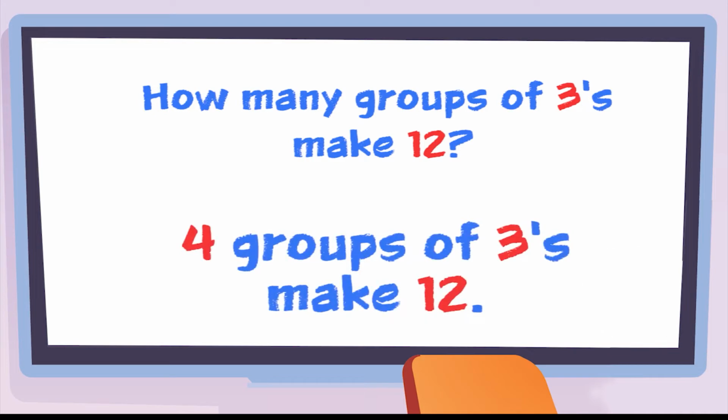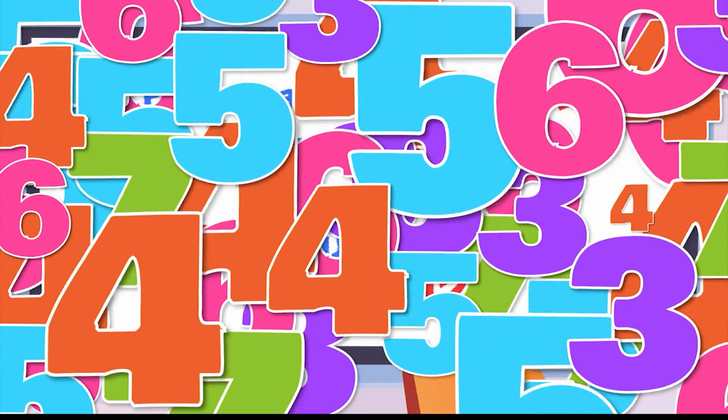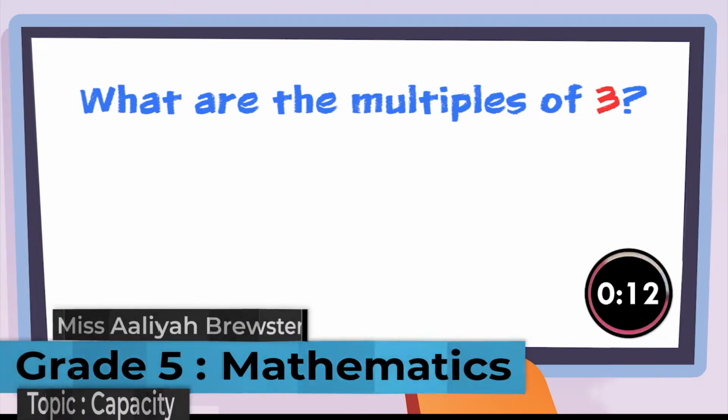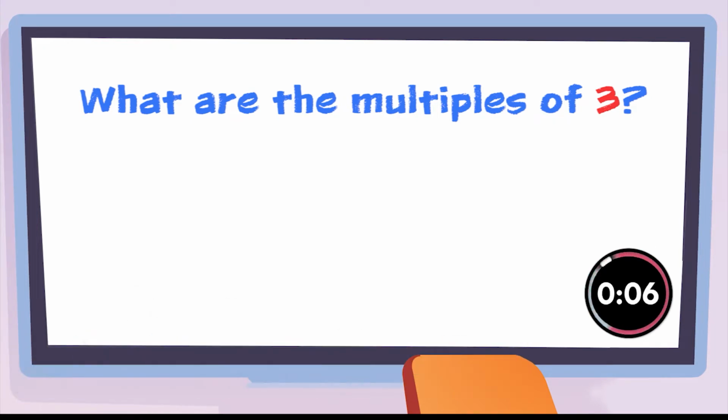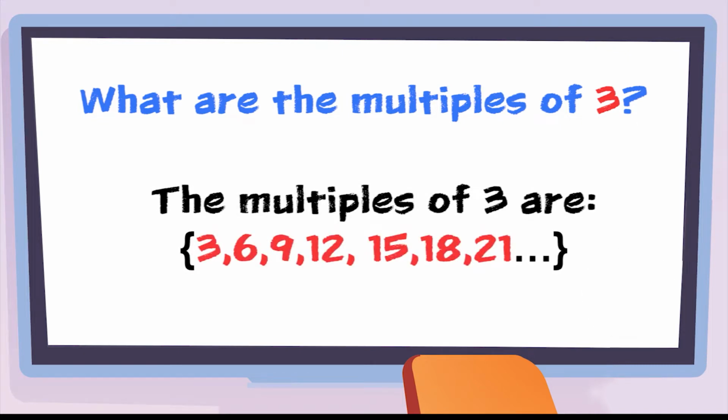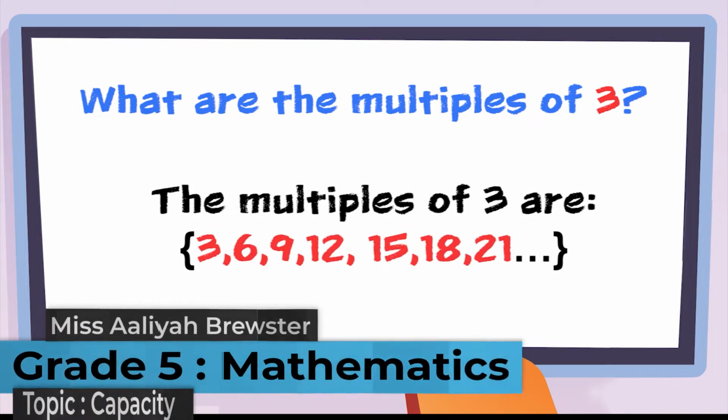Four groups of 3s make 12. What are the multiples of 3? Multiples of 3 are 3, 6, 9, 12, 15, 18, 21.